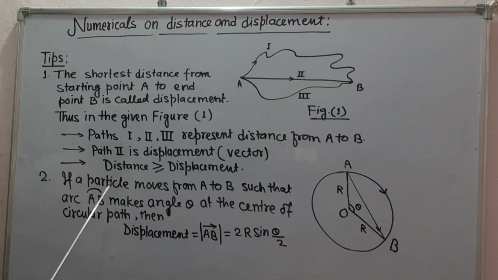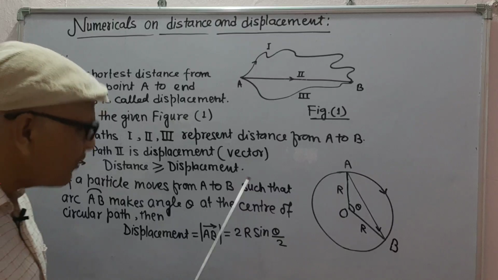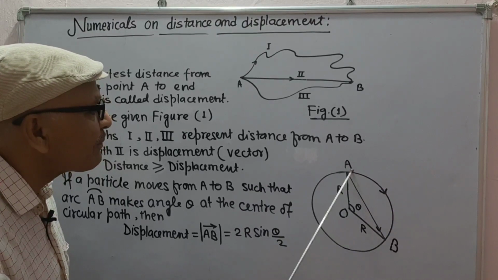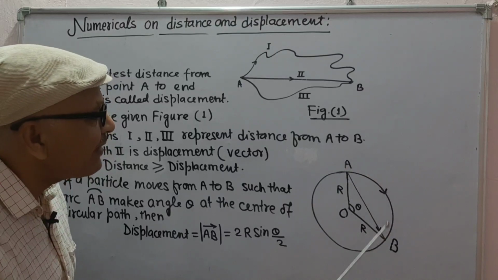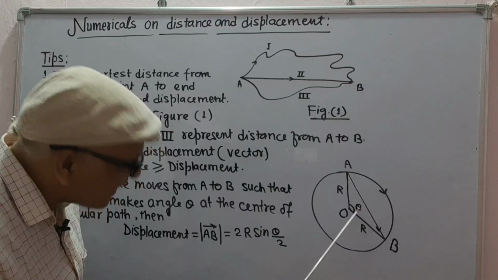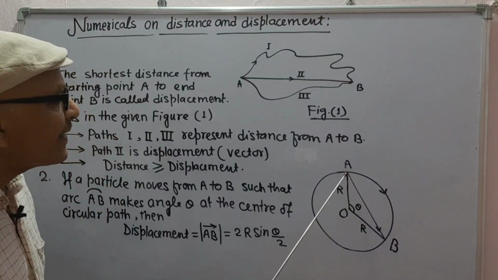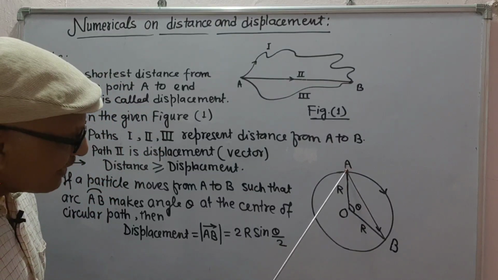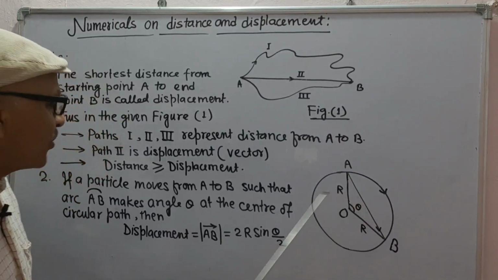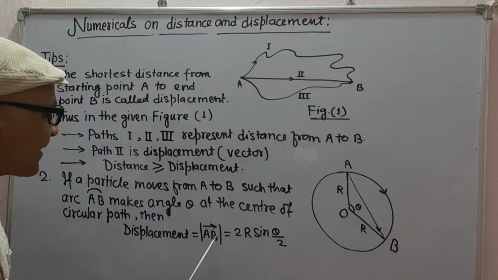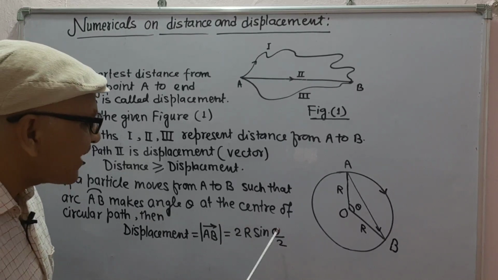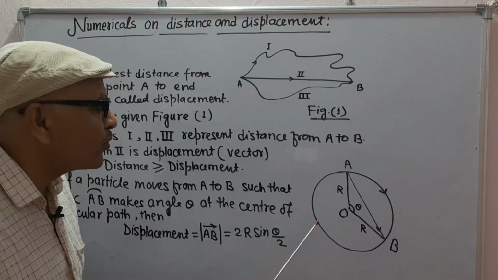Second, if the particle moves from point A to point B via this arc on a circular path of radius r, making angle theta at the center, then the displacement of the particle is the AB vector, which will have magnitude mod of AB vector equal to 2r sin theta by 2.